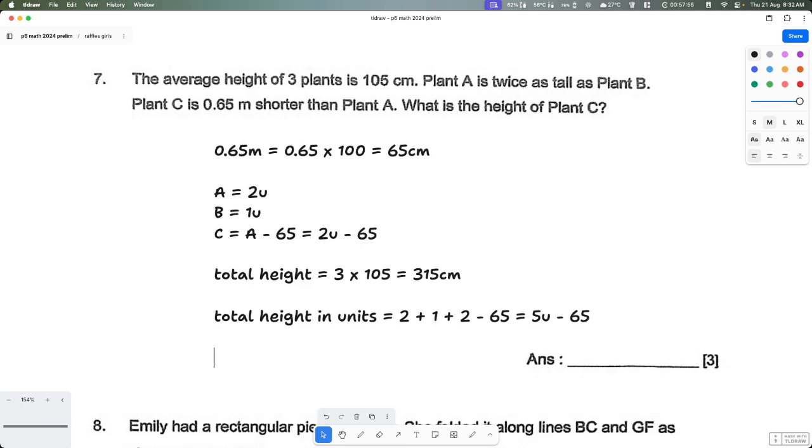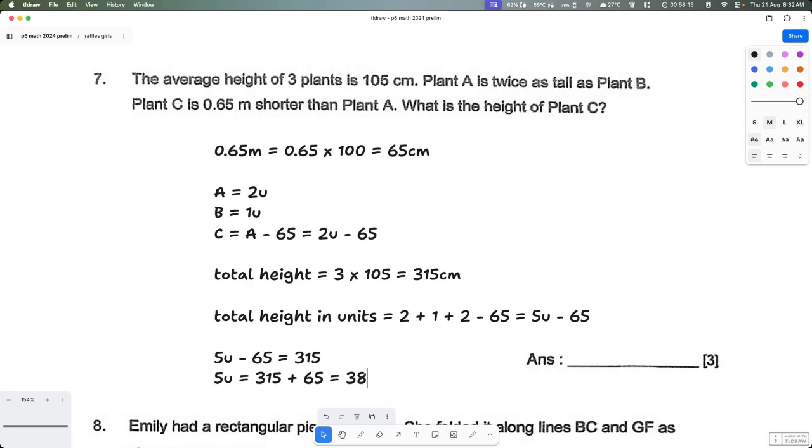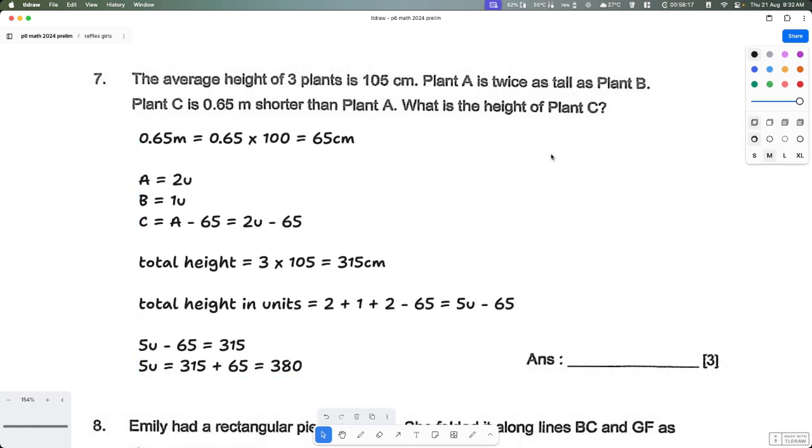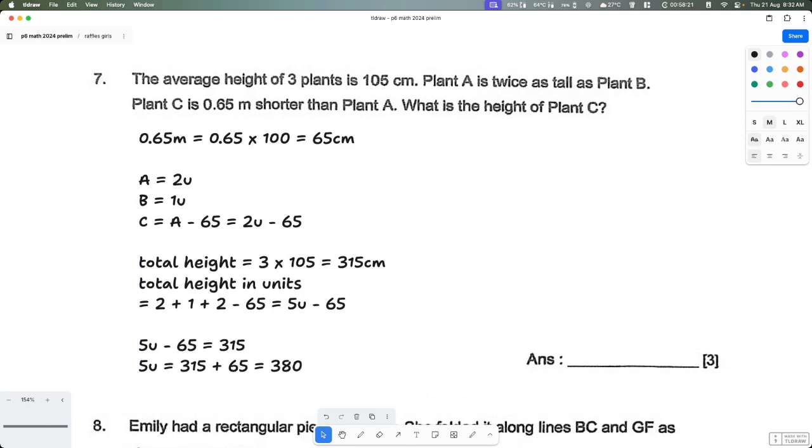So that means 5 units minus 65 is equal to 315. Then 5 units will be equal to 315 plus 65. Using the calculator, 315 plus 65 is 380. So now let's get 1 unit.